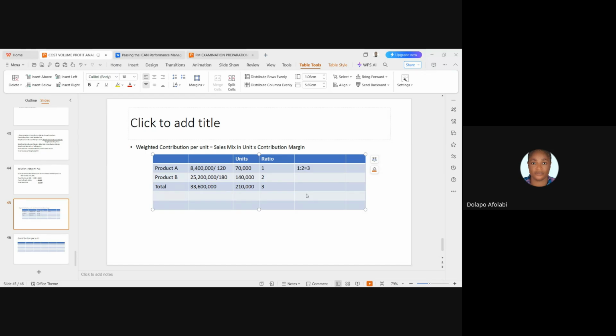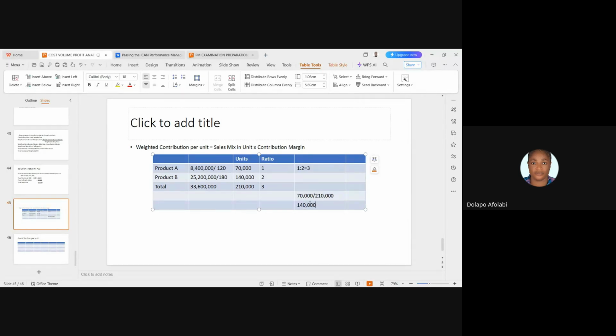That was why I said, for product A, it will be the individual product sold, which is 70,000, divided by the total product sold by the company, which is 210. It will give us the percentage of their sales mix for product A. We do the same for product B: 140, which is for product B, divided by 210.